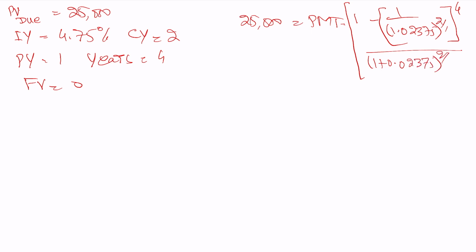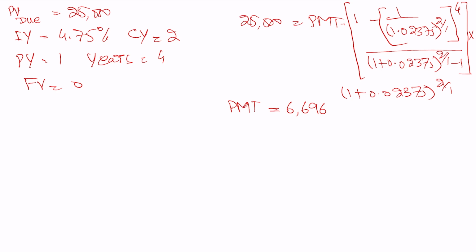So multiply by, because it's a due, 1 plus 0.02375 exponent 2 by 1. So PMT is going to be our value, which is equivalent to 6,696.74.